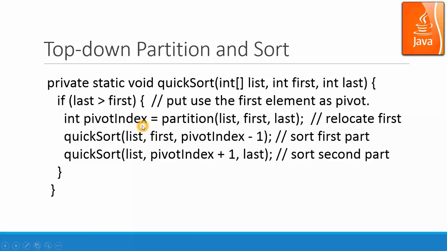Once it returns the pivot, we sort the first part, with the first as the low for that incoming array, and we put the pivot index -1 as the last one for the first part. And then we put the pivot index +1 as the low for the second part, and last as the high for the second part, and then we do quick sorting. So right here, as you can see, this QuickSort algorithm is also a divide and conquer method.